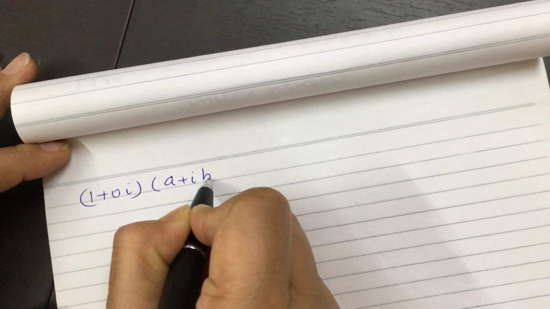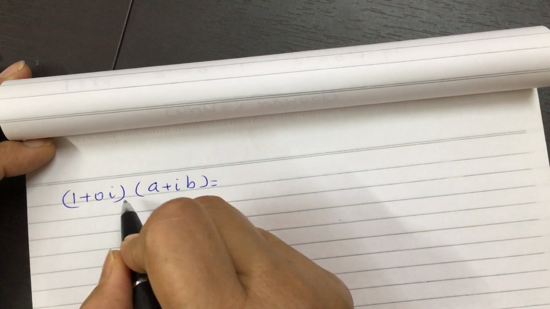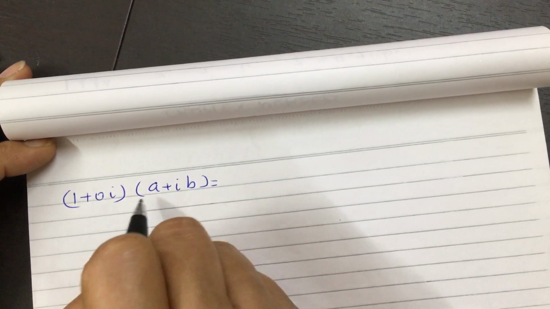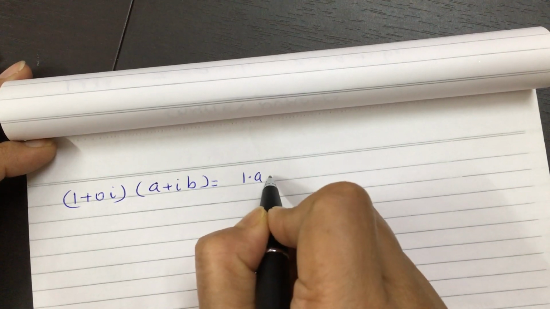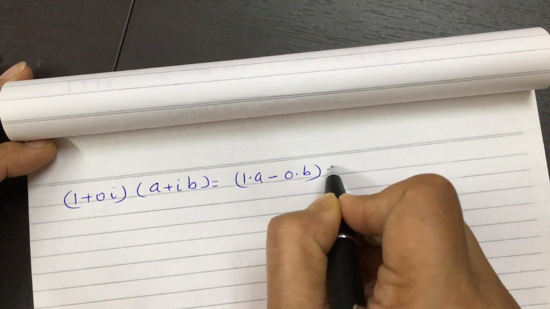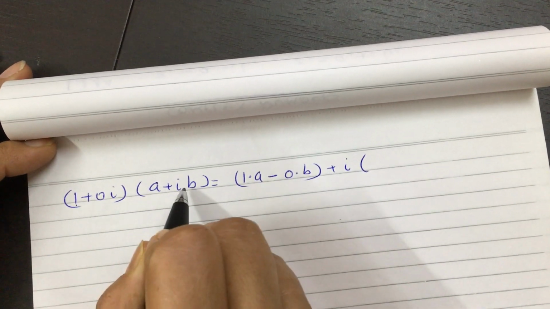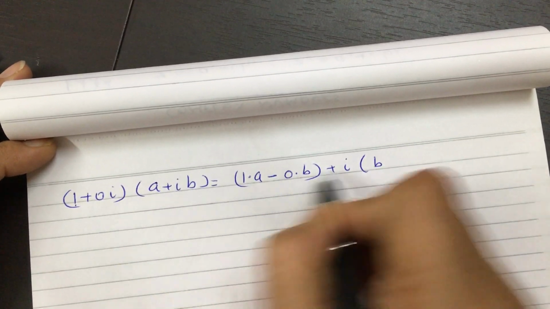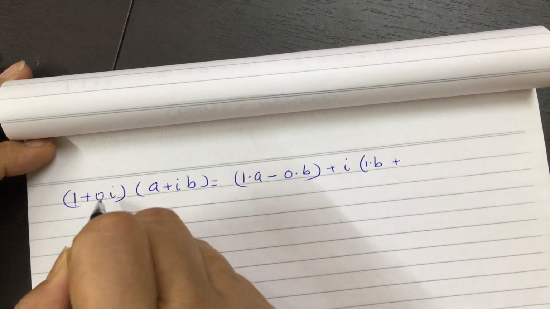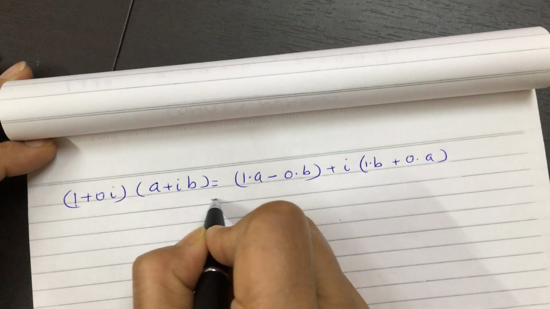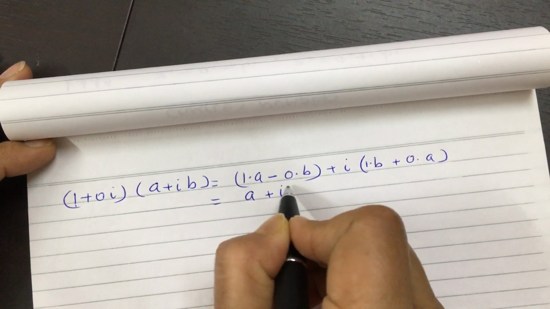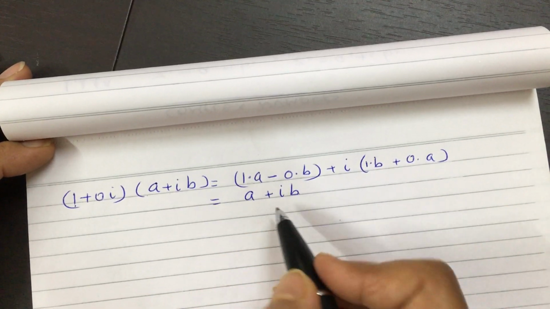So, let us take 1 plus 0i into a plus ib. It will give us the difference of the product of the real numbers and the product of the imaginary numbers, plus i times one real and the other imaginary number plus the other real and the first imaginary number, which gives us a plus ib, which is the same number as we started with.